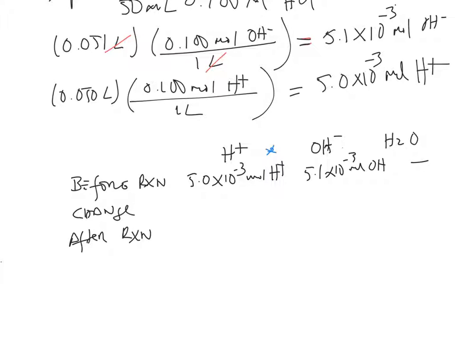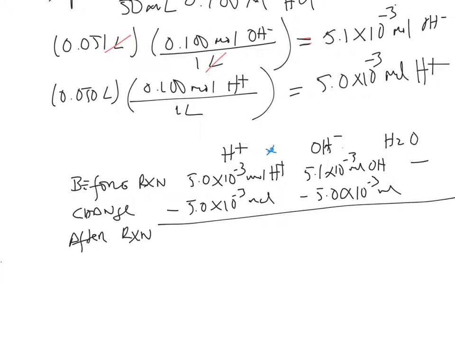So now the change will be due to the moles of H positive, because it's a limiting reactant, minus 5.0 times 10 power of minus 3 moles. So after the reaction, this has been cancelled, so we have 0 of H positive, and we have 0.10 times 10 power of minus 3 moles of OH.